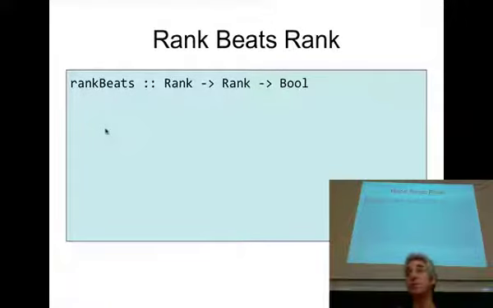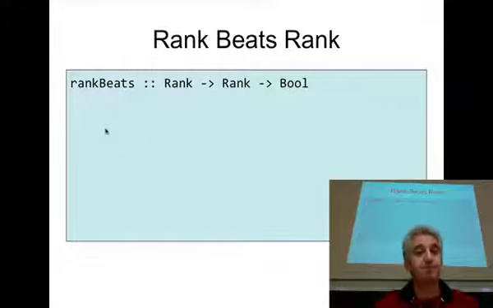Okay, so an ace is bigger than a king is bigger than a queen is not bigger than another queen, a numeric 7 is bigger than a numeric 5, and so on. So rank beats is a function that determines whether one rank beats another.